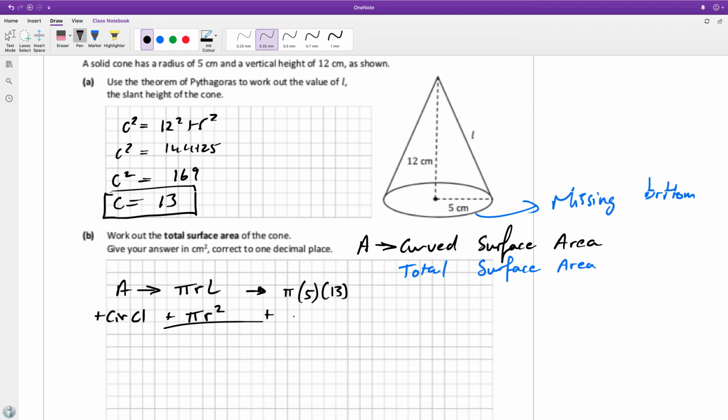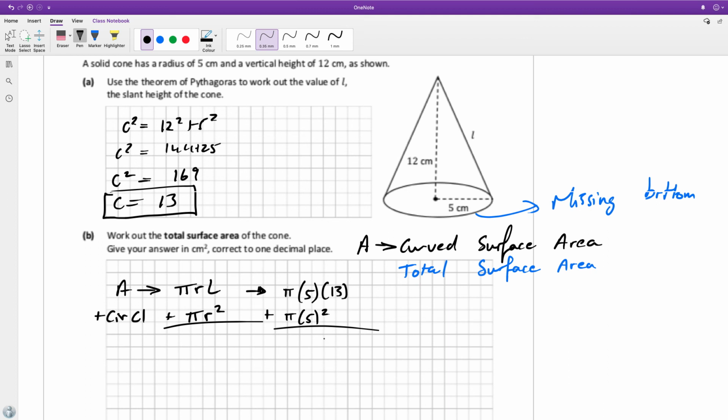Plus, what's pi r squared? Right, off you go, give me an answer. 90 pi. Good stuff.